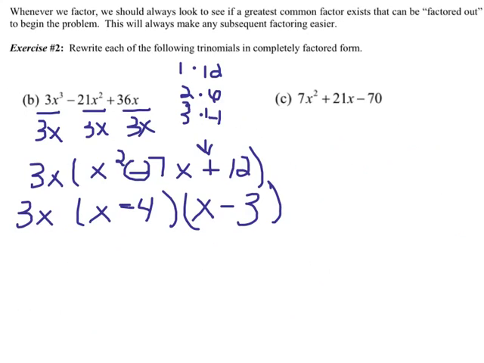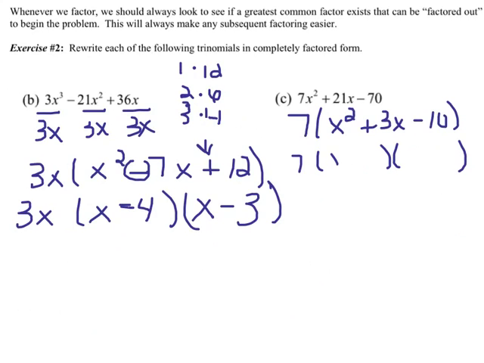My GCF looks like it's 7. So I'm going to pull a 7 out. I'm left with x squared plus 3x minus 10. Now again, I'm going to write my 7 and my 2 sets of parentheses. My x's go first. My first sign is a plus that I'm bringing down. My second sign is going to be the opposite, so it's a minus.